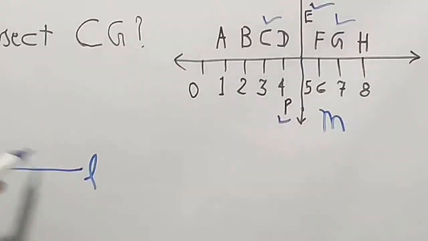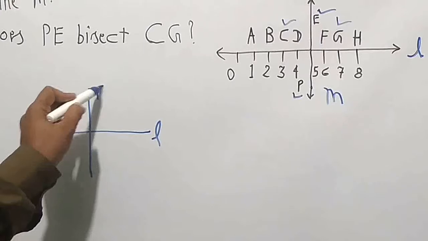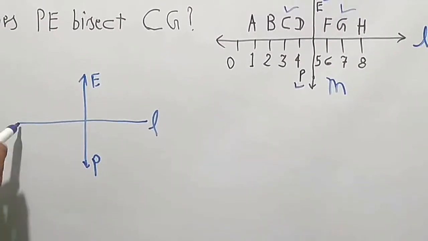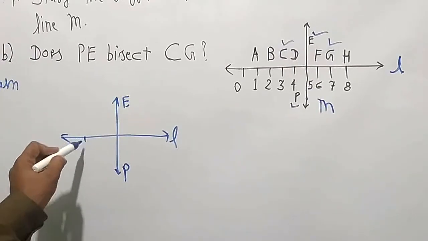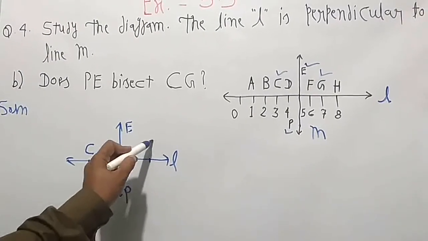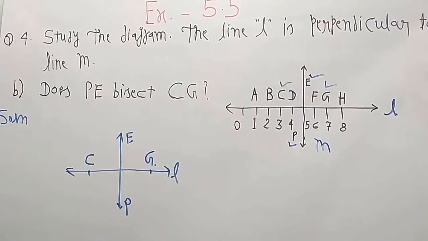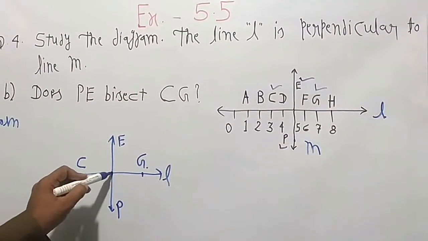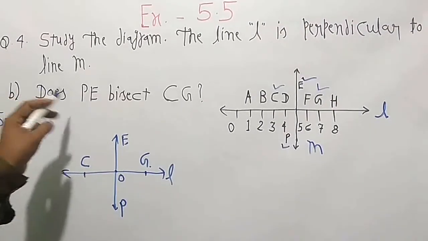This is our L, this is E, this is P, and here it is C and here it is G. So by observing this figure individually, we can say PE bisects CG at point O.